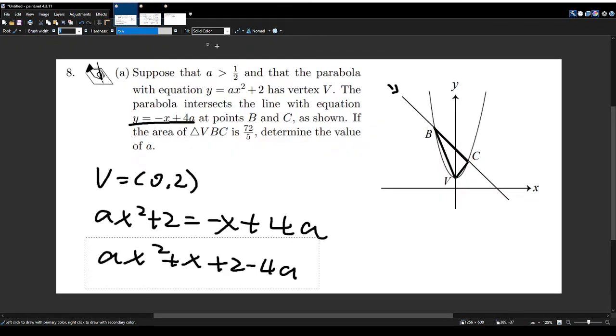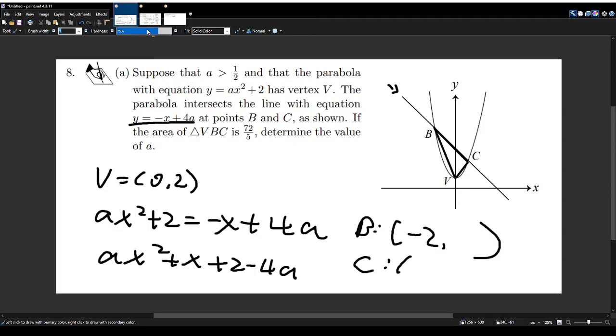If you come over here, B is to the left, so let's say B has x coordinate negative 2, and you don't know your y. Your C has coordinate 2 minus 1 over a, and you don't know your y.